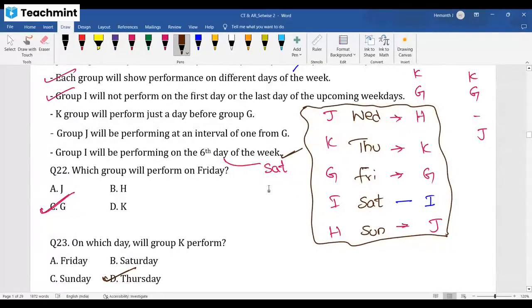Still, if any instruction we are missing, we'll see that. Go to the data once and check. Is there anything we are missing? I'm also checking with the original questions. Maybe while typing, people may make some mistake. So that's what I am checking. Yeah, first group I will not perform on the first day or last day. Okay. K is just a day before G. Yeah, fine.